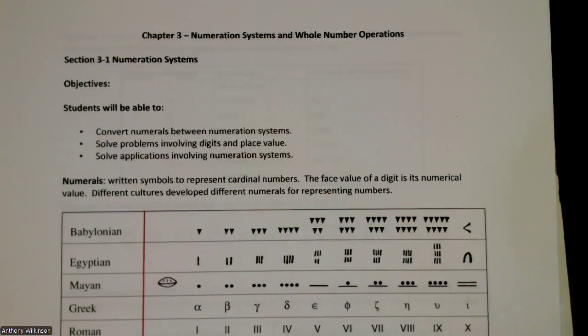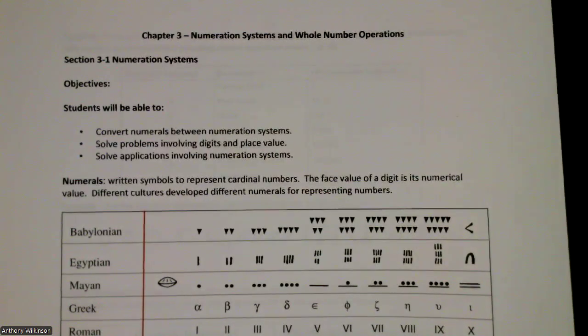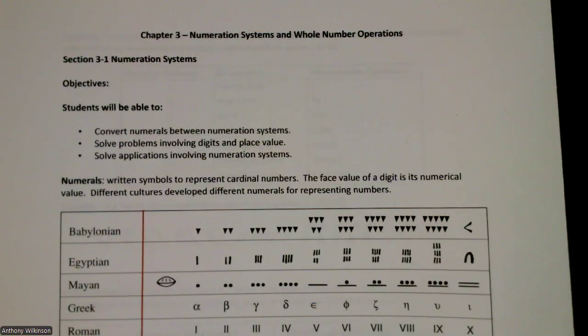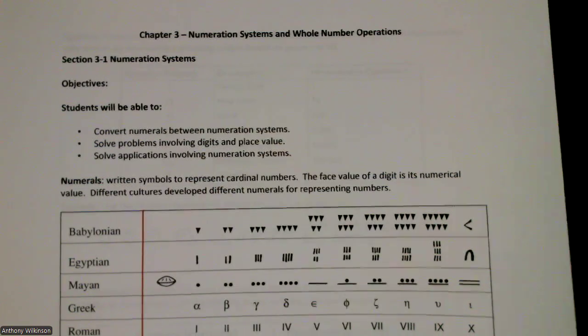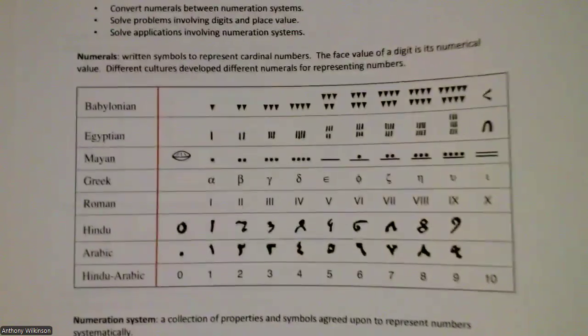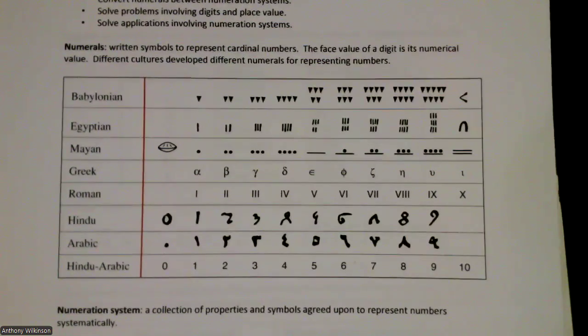All right. Now, let's define what numerals are. Those are written symbols to represent cardinal numbers. The face value of a digit is its numeral value. Different cultures develop different numerals for representing numbers. Like in this table, you'll see numeration systems for the Babylonian, Egyptian, Mayan, Greek, Roman, Hindu Arabic.